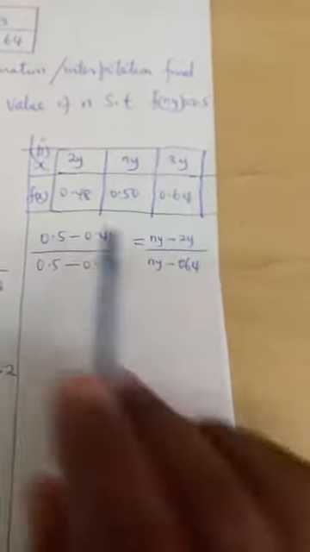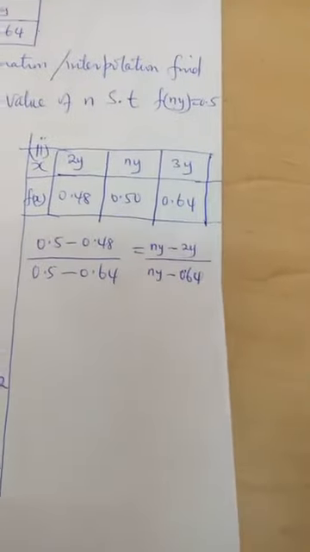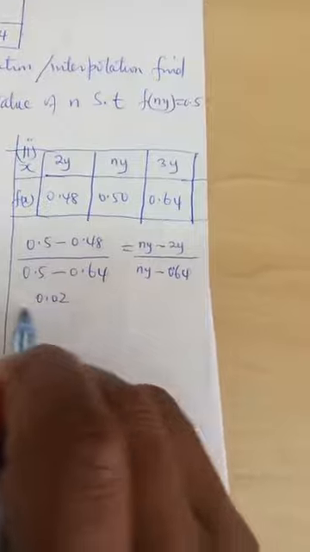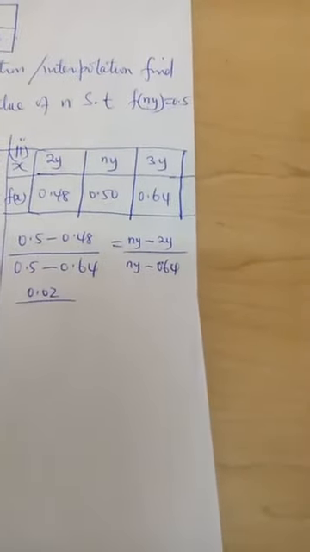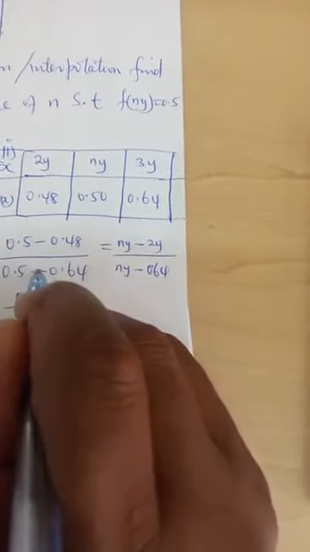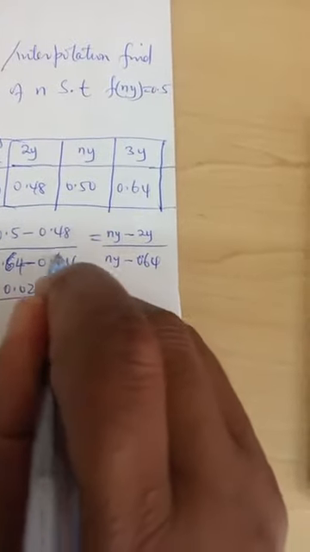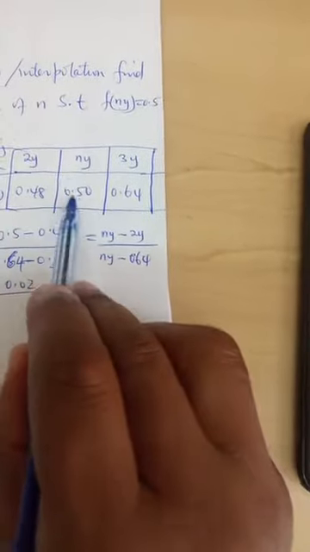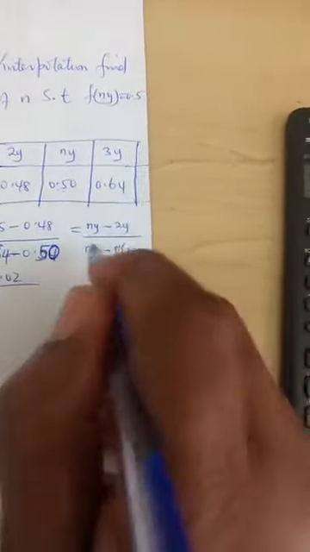If I choose to use that, I have 0.5 minus 0.48, which gives me 0.02 here. Then 0.5 minus this should have been 0.64 minus 0.5. The order matters, that I'm starting with this minus that, and that means here I will have 3y.